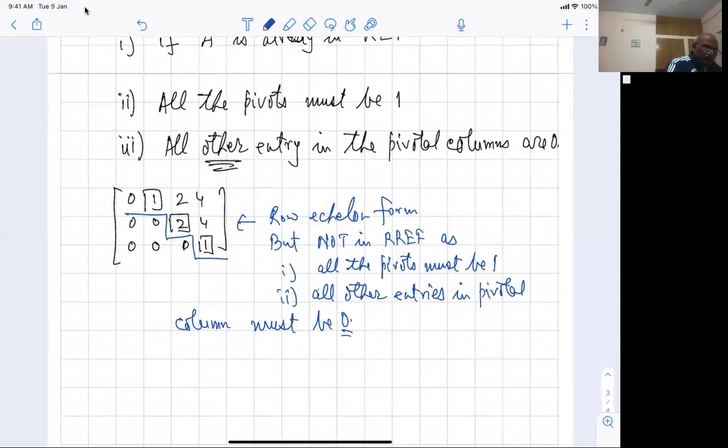But what we can do is this: I can leave the last row as it is. This is still a pivot. I can use this one to make this entry 0. And how do I make this entry 0? So 2 can remain for the time being.